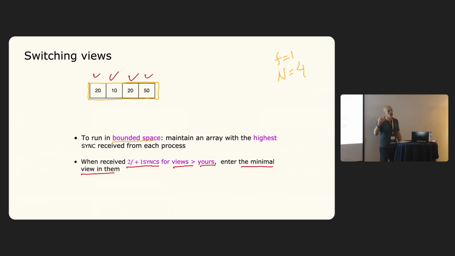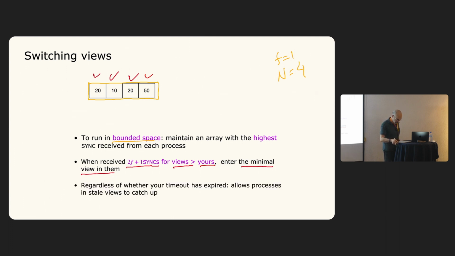Intuitively, because I know that all processes enter a view which is at least that high. We will see a picture, it will be clear. This allows every process to quickly catch up without going through some useless views in the meanwhile.